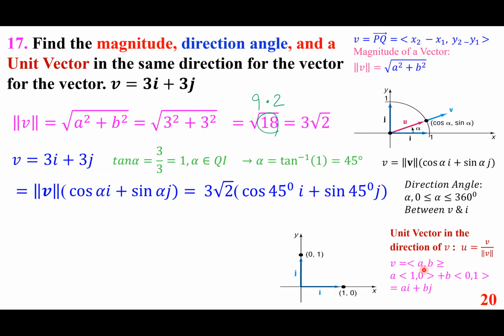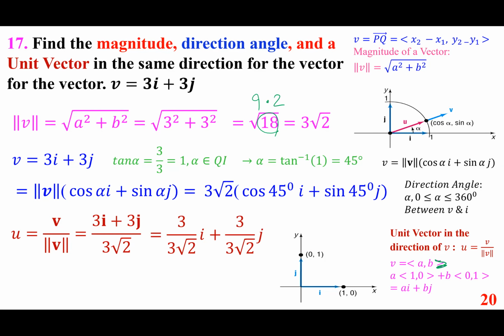So v has components a comma b. So a times 1 comma 0 plus b times 0 comma 1. This is the i vector, this is the j vector. So divide by 3 square root of 2. And as you can see, each one, the 3 cancels out.